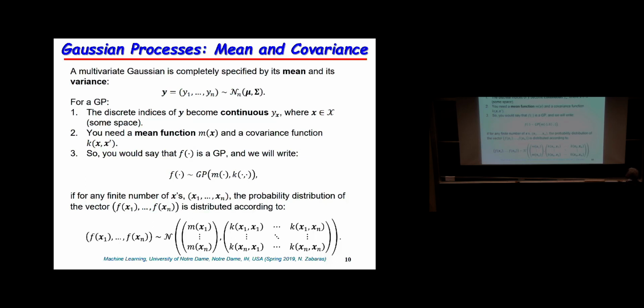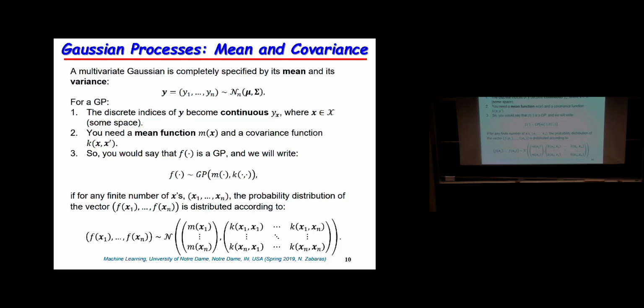That's why we say once we have a GP, for any joint arrangement of y's drawn out of this continuous distribution, the indices will become continuous, okay? And instead of the mean vector and the covariance matrix, now we're going to have a mean function and a covariance kernel.